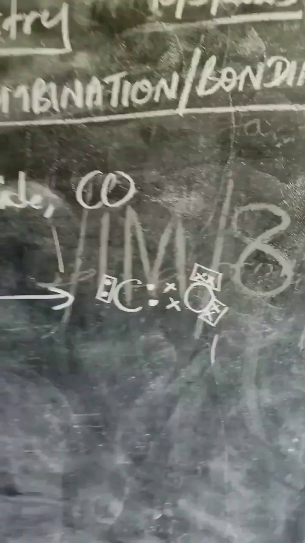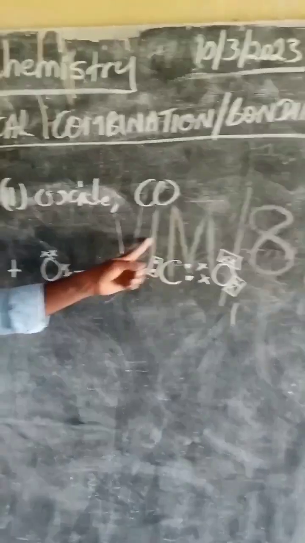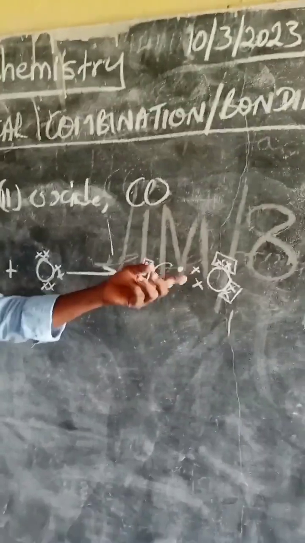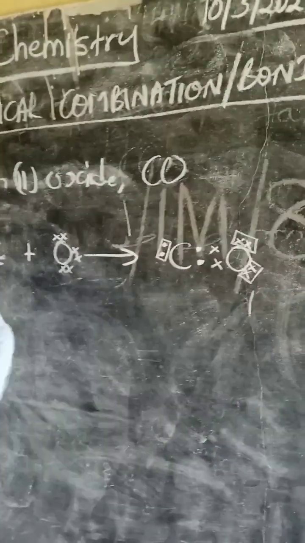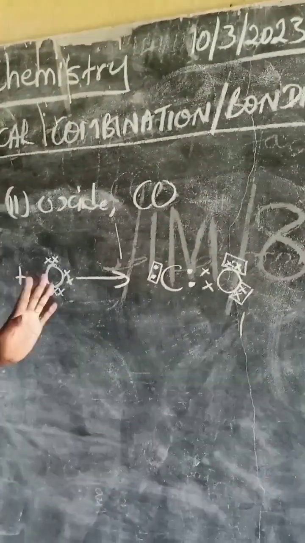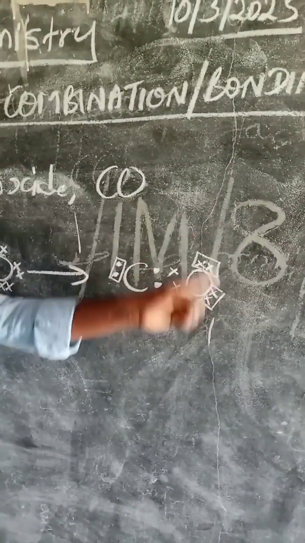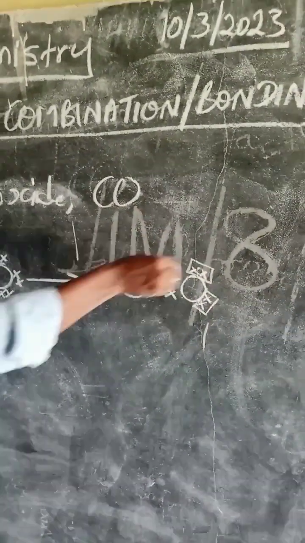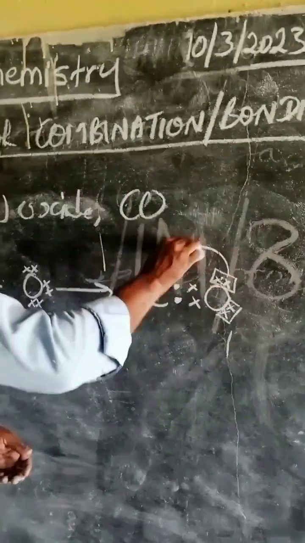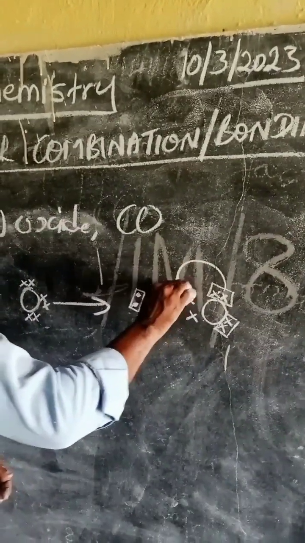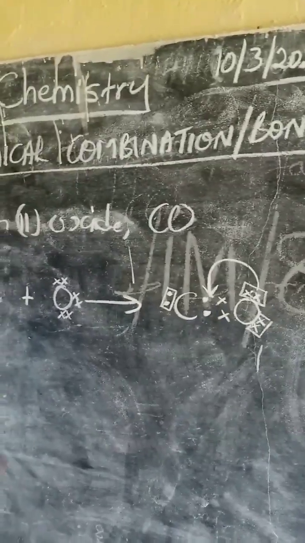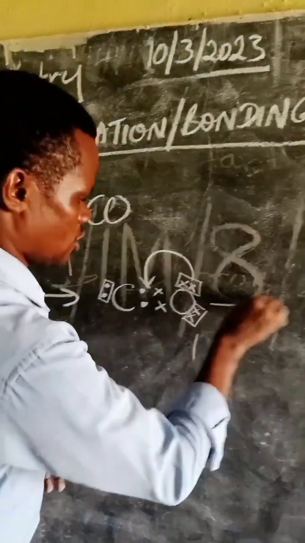If carbon introduces its lone pair here, it may be stable, but that is so much like oxygen. Oxygen now says to carbon, no, don't introduce yours. Since I have 2 lone pairs of electrons, let me send one of my lone pairs to this place for bonding. If it sends it there, see what we are going to have.